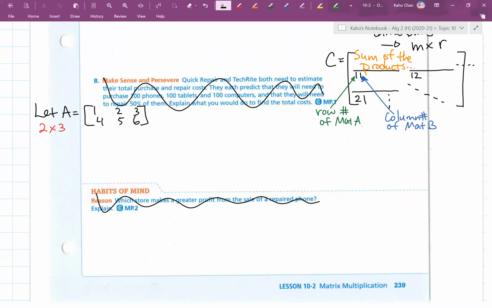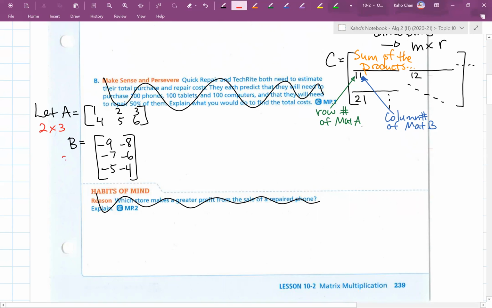Matrix B, we'll make it a 3 by 2 matrix: negative 9, negative 8, negative 7, negative 6, negative 5, negative 4. This is a 3 by 2. Question: find AB.